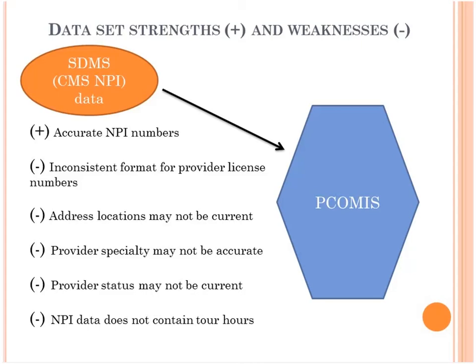Again, with SDMS data, as well as licensing and our Medicaid, and this is something we have to do manually, we don't have any way of determining tour hours. The 40 hours a week that SDMS defaults to is pretty much the default that we've had to return to, because we don't have any other way of determining if that's correct or incorrect without doing an individual survey.